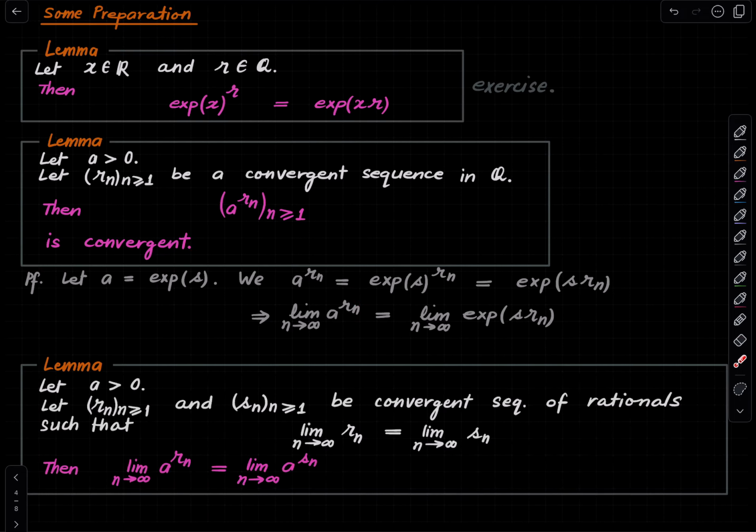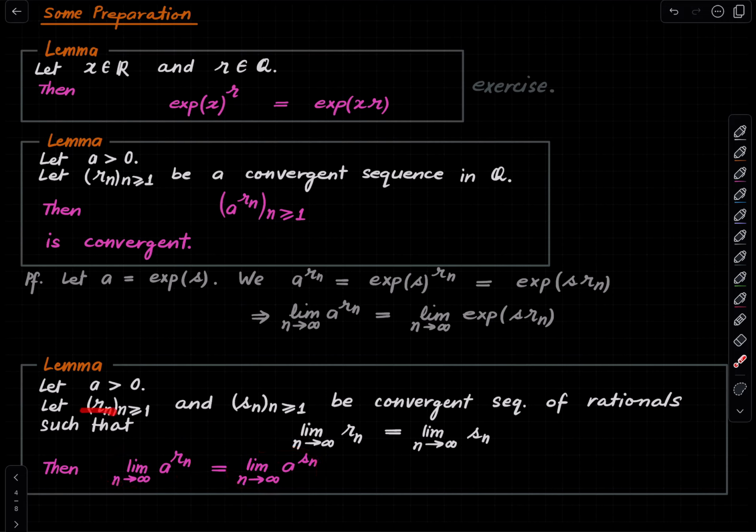And now, for one little bit of upgradation of it, fix a positive real, and suppose we have two sequences of rationals, both of them convergent, and such that they have the same limit. Then we claim that the corresponding exponentiated sequences also have the same limit. The limits of both of them exist by the previous lemma, but here we are claiming that the limits are also the same.